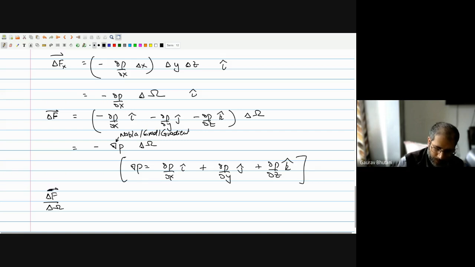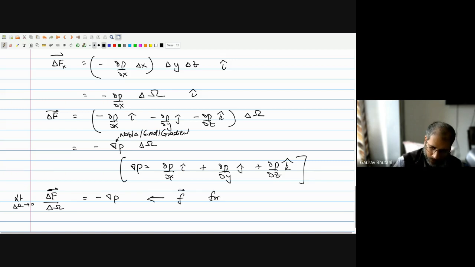And since we're talking about a volume delta omega, it's better to talk about the force per unit volume. That makes more sense. And this we see is equal to minus the gradient of pressure. This is denoted by F sometimes.